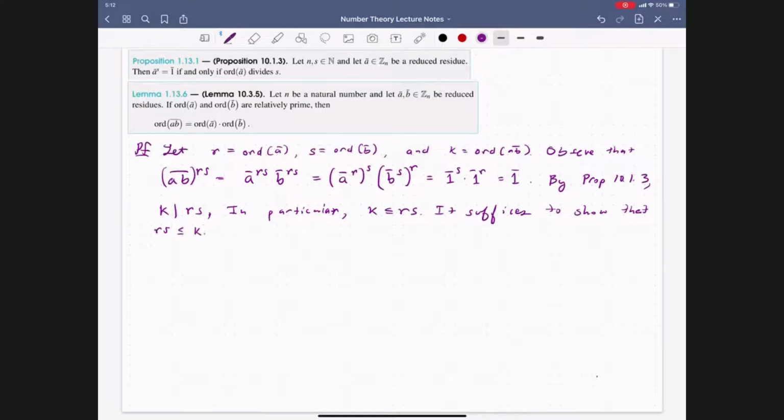If we show this, we are done, because we already have this other inequality here. So this will tell us that rs must be equal to k. Let's just write that down. And so this is the trichotomy property of the integers.